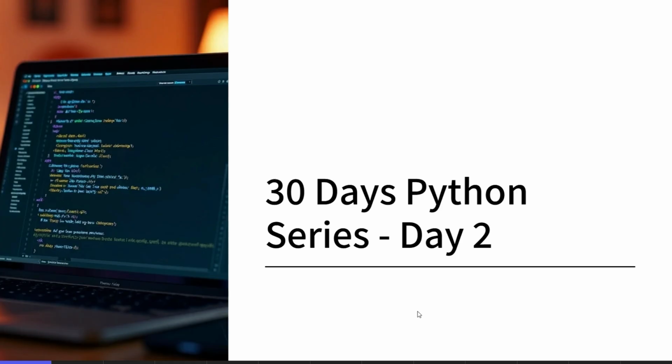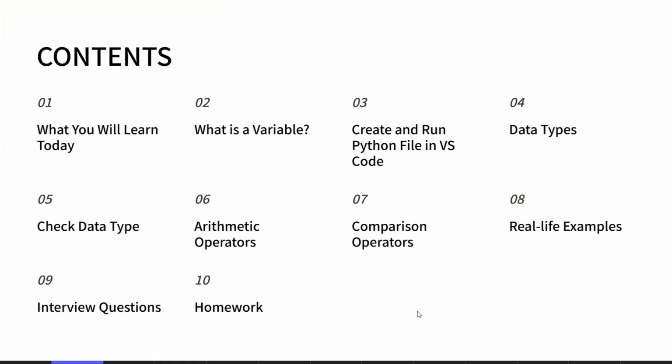Today we will follow this exact sequence. Variables: what is a variable, and why we use variables. Then data types: we understand the data type concept and how many data types we mainly use in our day-to-day operations.